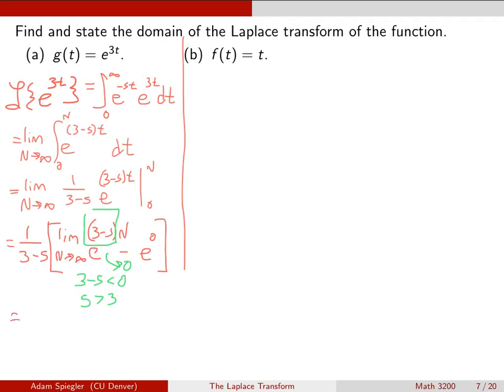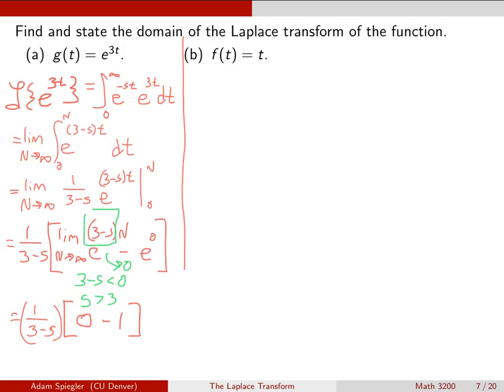So now, as long as s is bigger than 3, we're going to get 1 over 3 minus s. And what's left inside here is, as long as s is bigger than 3, the first piece is going to be 0, and then the second piece is minus 1, or subtracting 1.